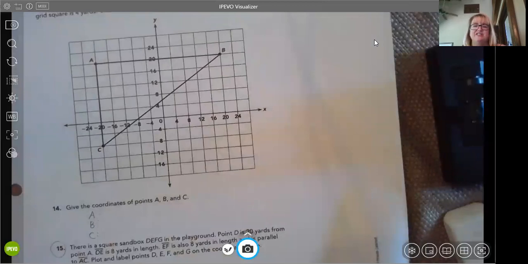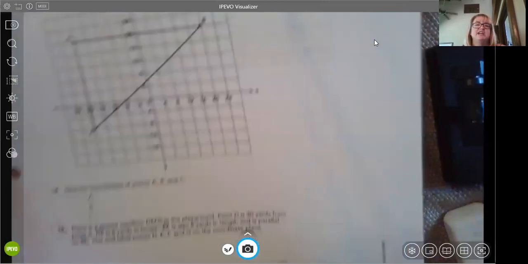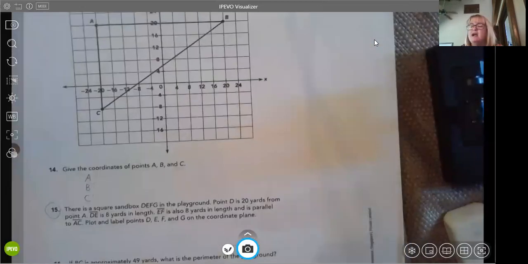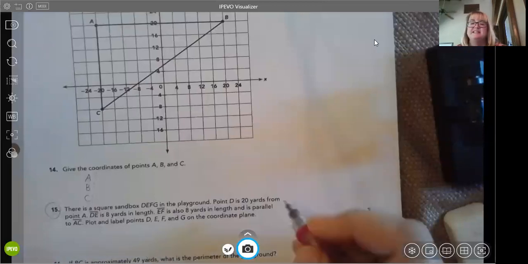15 I want to do together because this one's slightly tricky. It says there is a square sandbox called DEFG. In the playground, point D is 20 yards from point A. DE is 8 yards in length. EF is also 8 yards in length and is parallel to AC. Okay, so let's think about this.